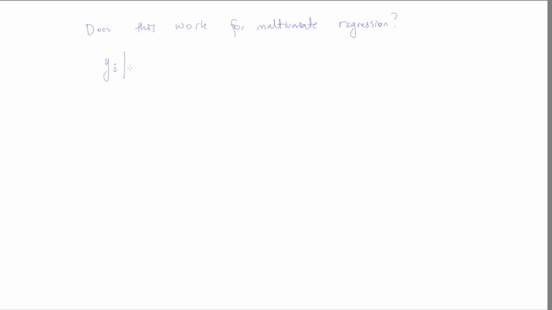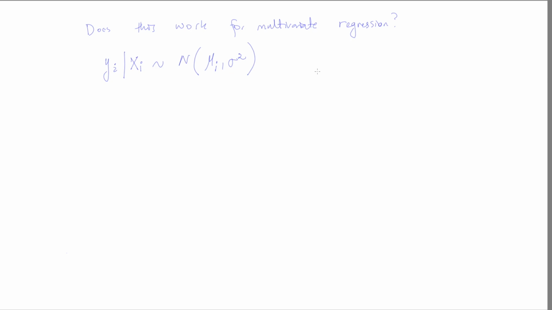We're going to assume that yi given xi is normally distributed with mean mu i and variance sigma squared. Sorry, it's just mu i, sigma squared.